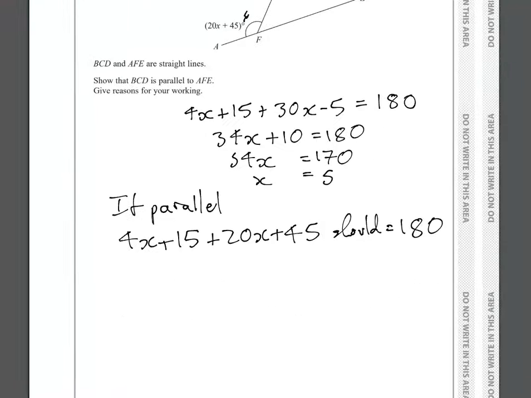Now x is 5, so 4 times 5 is 20, plus 20 times 5 plus 45, and what it equals, equals 180.